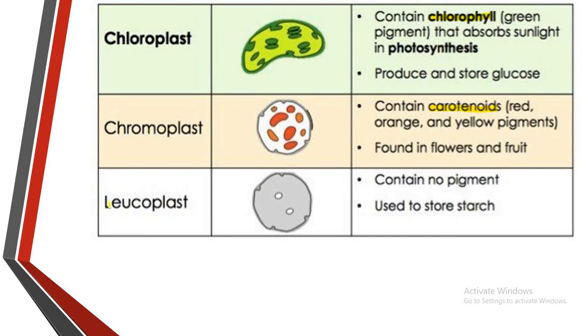The leucoplasts, actually leuco means without color. It lacks color, which is why it's called leuco. It has no pigment, and it's only used to store starch, but it can't carry out photosynthesis.